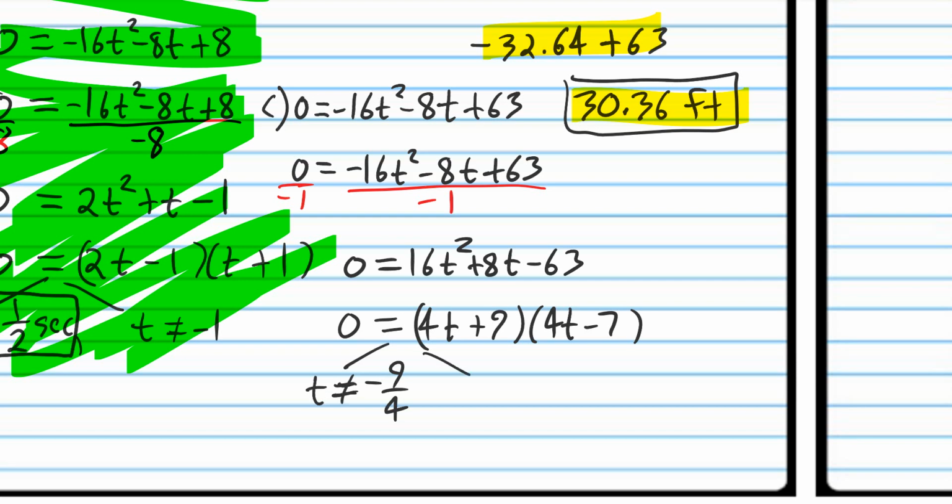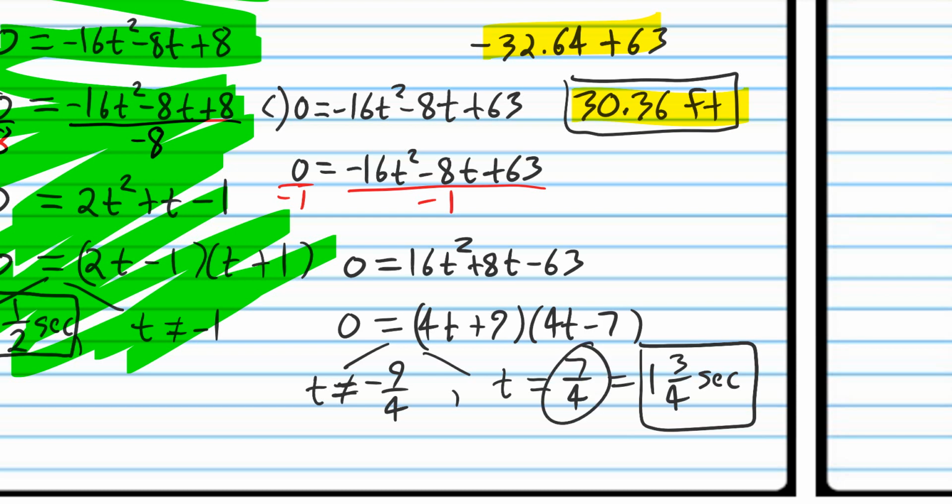And the other equation tells us that t can be 7/4, but I want to write that as a mixed number, 1 3/4 seconds. I don't really care if you write it as a mixed number, to be honest with you. But I just want you to know exactly what, it's kind of hard to interpret improper fractions sometimes.